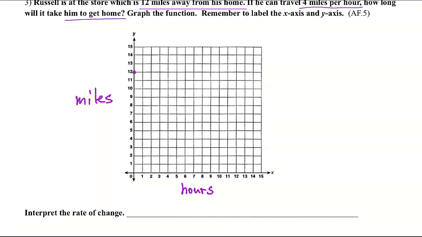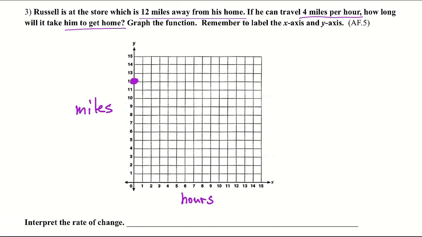He's starting at 12 miles from his house. He can travel 4 miles per hour. And he's trying to get home, so his miles are going to decrease. So it'll be 1, 2, 3, 4. 4 miles every 1 hour.